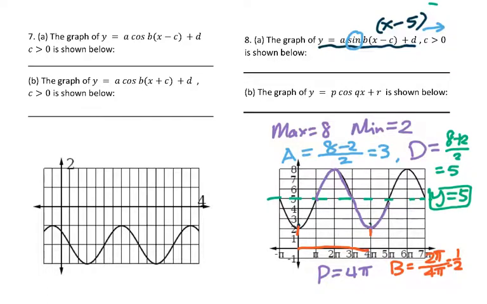That's a positive sine pattern. The starting point will be pi, so C equals pi. Then we can figure out this equation. Y equals A, which is 3 sine. For B, that's 1 over 2, x minus pi. Then plus D, that's plus 5.